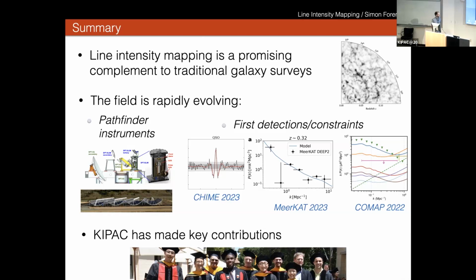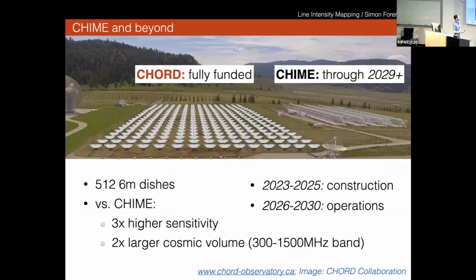And then for the second question, you asked about the CHORD experiment. The main design difference between CHORD and CHIME is clearly that we're working with individual dishes instead of these CHIME cylinders.